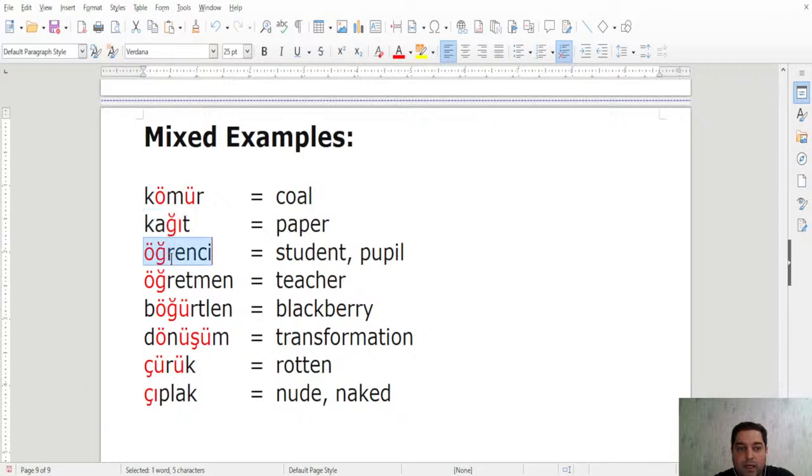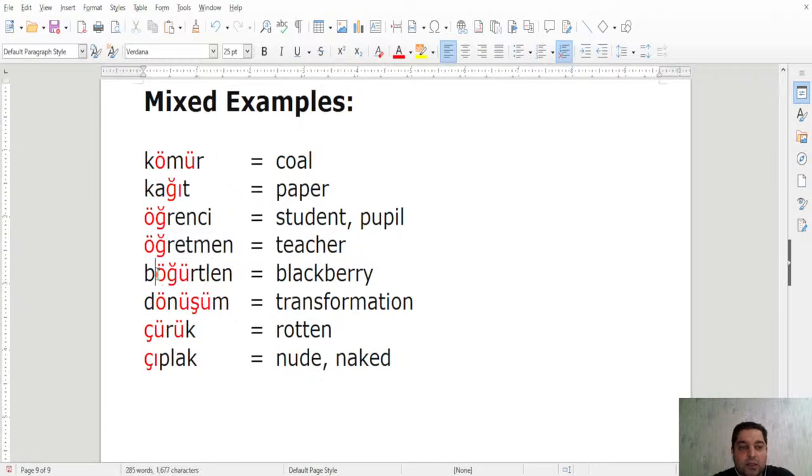Paper. We have öğrenci, which is student. Here it is prolonging the Ö. Then we have öğretmen, which is teacher. It is prolonging the Ö here. This yumuşak G, or soft G, prolongs the Ö. Therefore it becomes öğretmen.